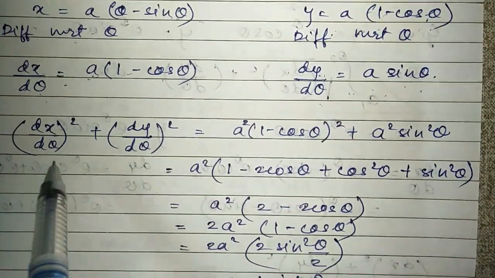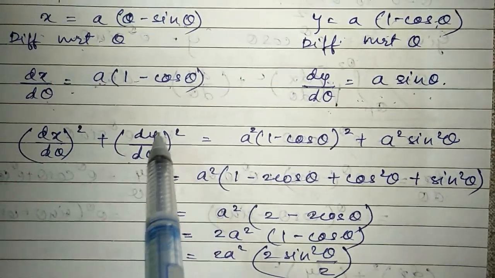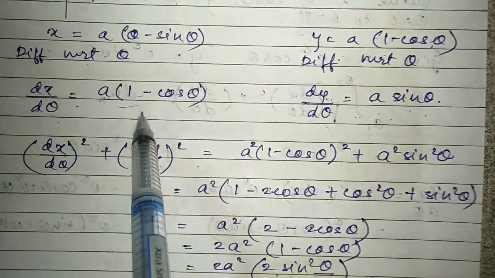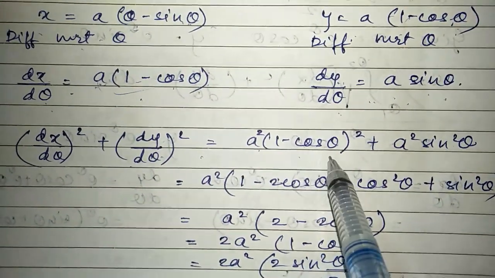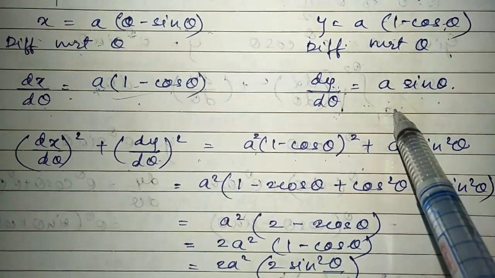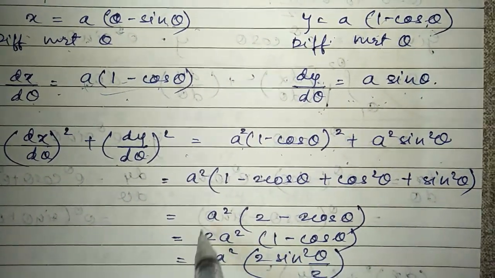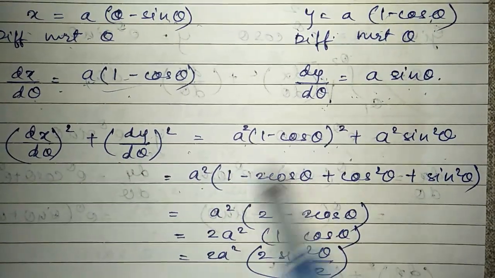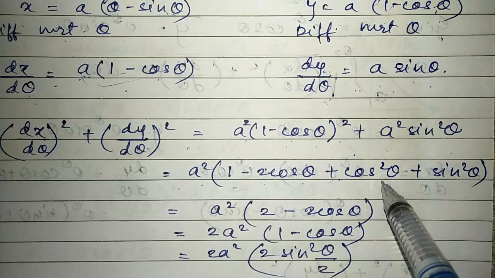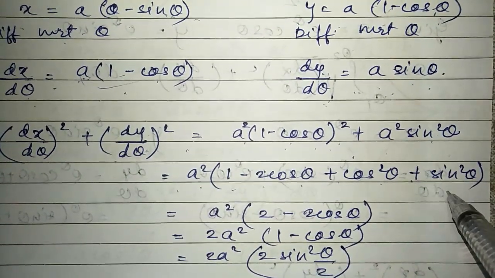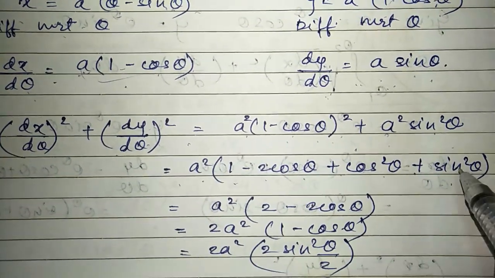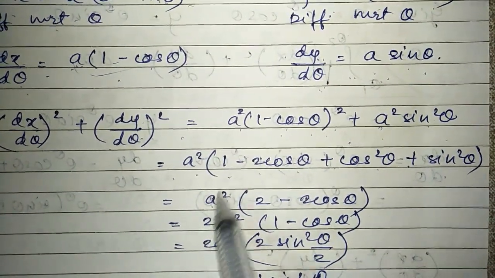Now (dx by d theta) whole square plus (dy by d theta) whole square will be equal to the square of this, that is a square (1 minus cos theta) whole square, plus the square of this term, a square sine square theta. So it will be a square times, we'll expand this bracket, 1 minus 2 cos theta plus cos square theta, plus sine square theta here, with a square common outside.